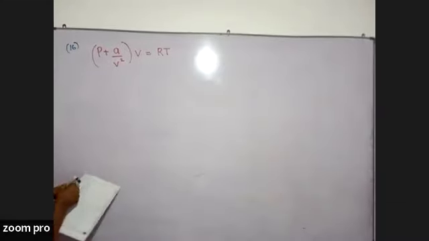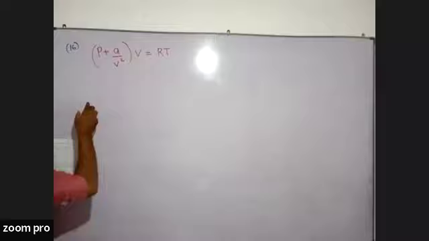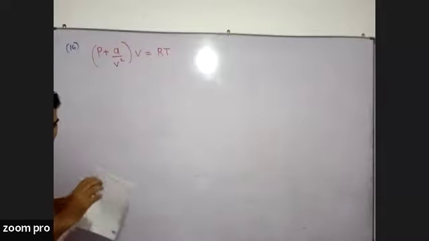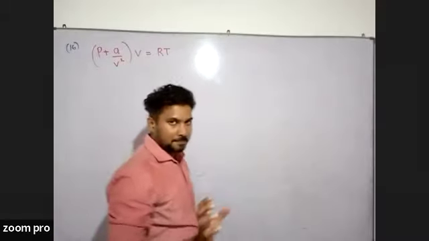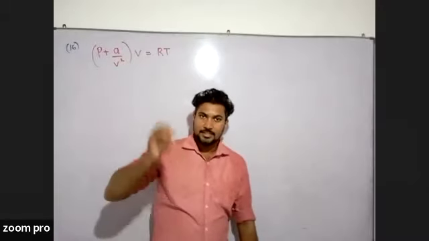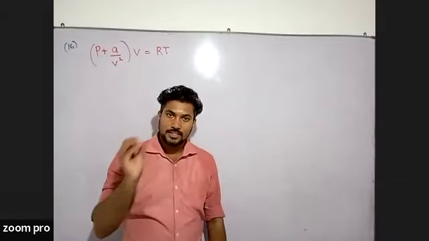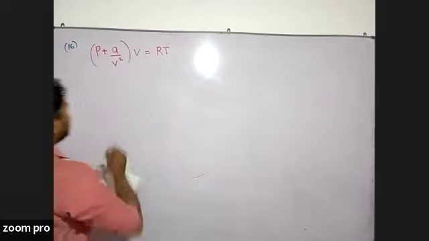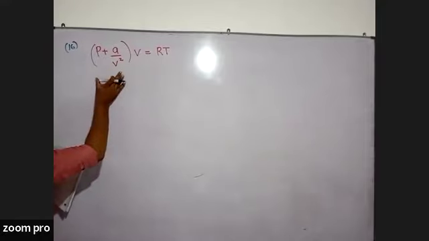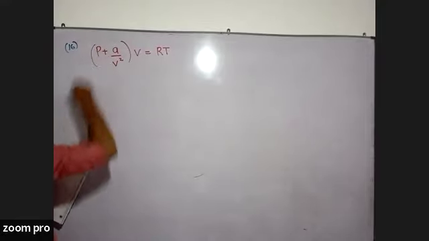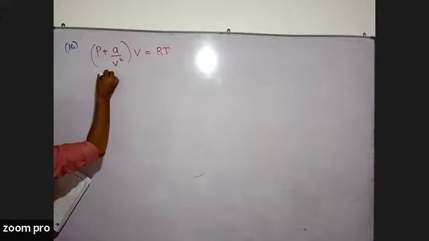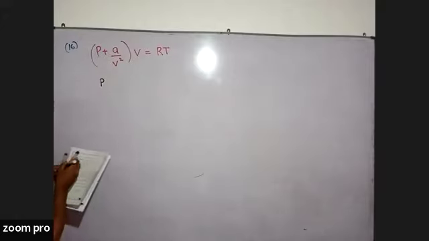If you want the dimensions of A, now A is mentioned inside this bracket. I have told you that if there's a bracket, the dimensions of each term inside the bracket should be equal. So in this bracket there are two terms, that is P and A over B squared.